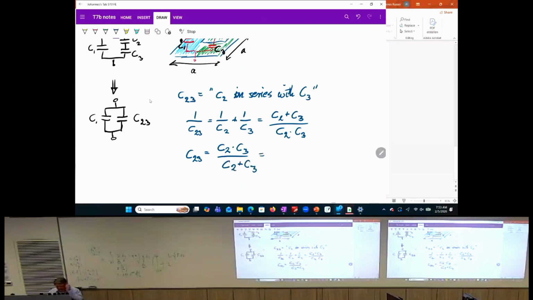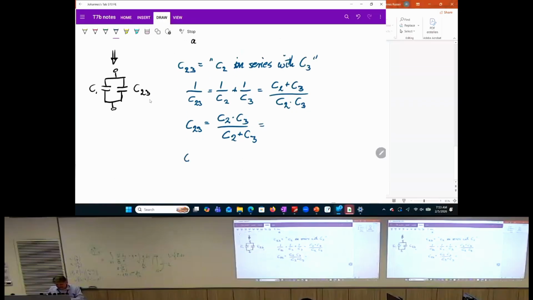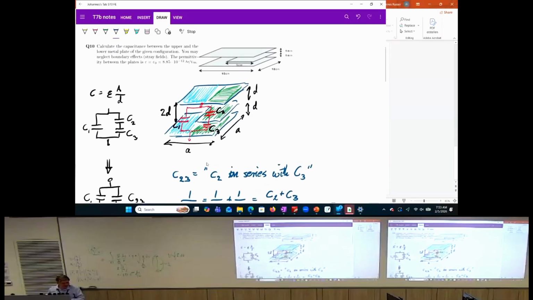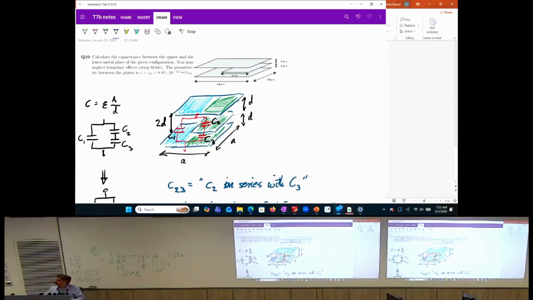And that is what our C2 is, which we can obtain from the parallel plate capacitor formula. That is epsilon times the area divided by the separation. The area, you see, in the depth is 1A, but the width is only a half. And the separation of this is just d, right?